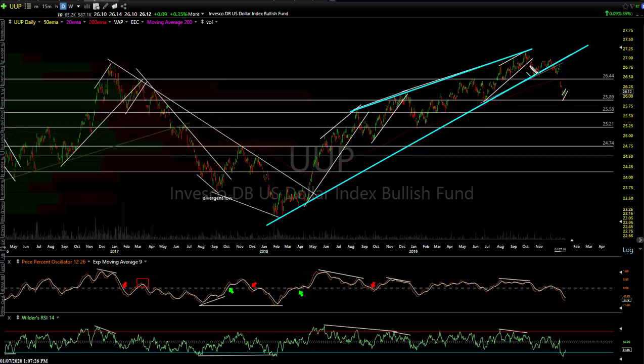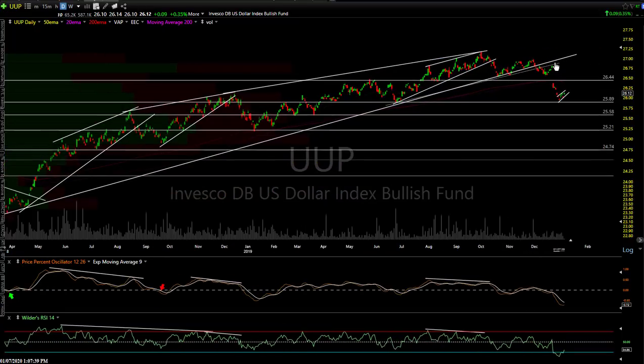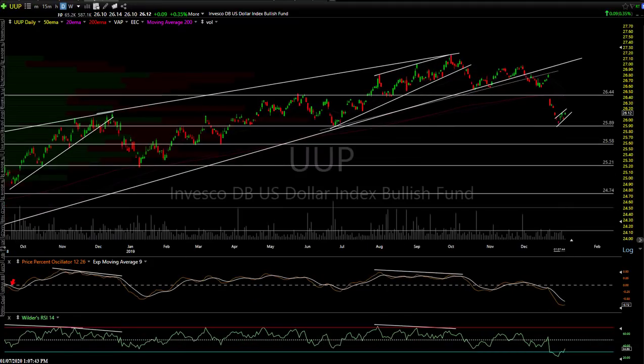All right, so you had the little wedge there, the primary trend line breakdown back test, and we've been moving lower since. So we got the breakdown, and that was a sell signal in the dollar. It failed at that previous high there, and again, this to me looked like a longer term sell signal in the dollar. And so what I'm looking at now, and this of course would affect gold.